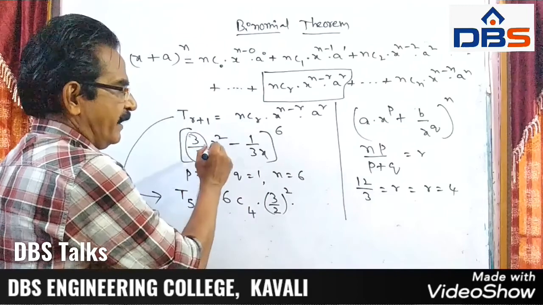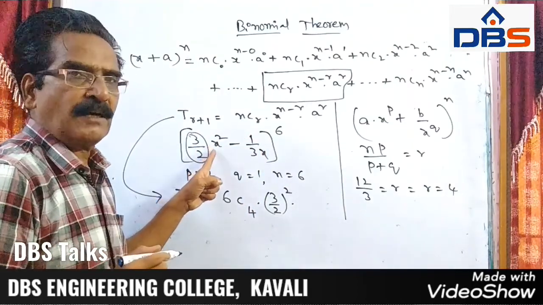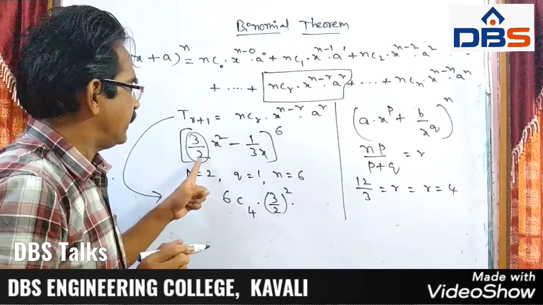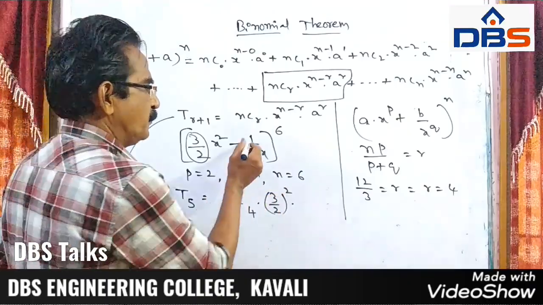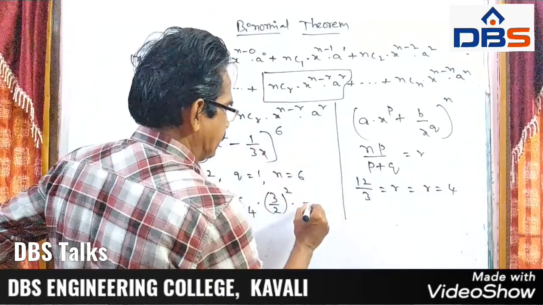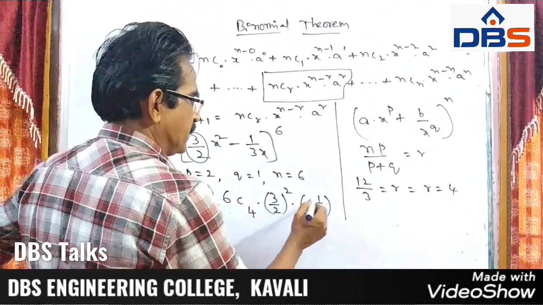This is all x, this is all a. So we are not considering x because we don't want x. 3 by 2 into x power n minus r, into a, that means minus 1 by 3, whole power r, that is 4.